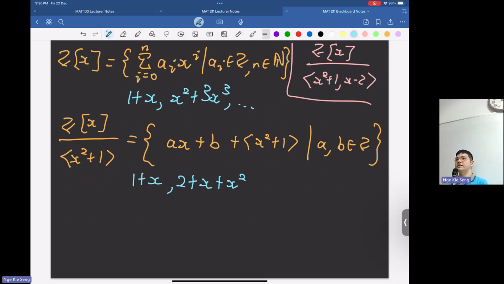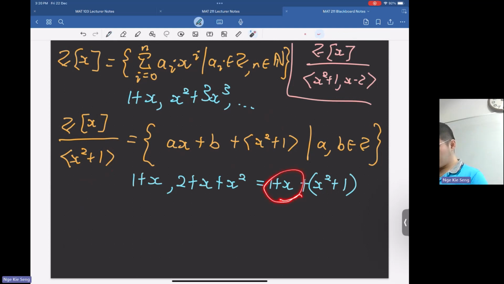Can you see that these two live in the same coset? Why? Because I can rewrite 2 plus x squared as 1 plus x squared plus 1. So it is something plus something in the ideal. So this guy is living in the same coset as 1 plus x.